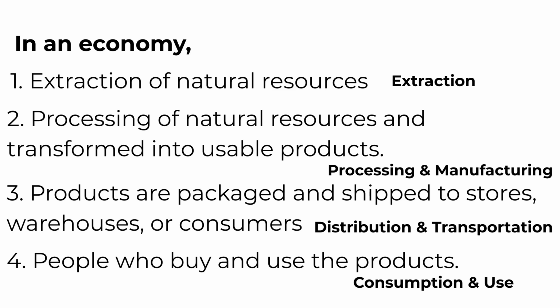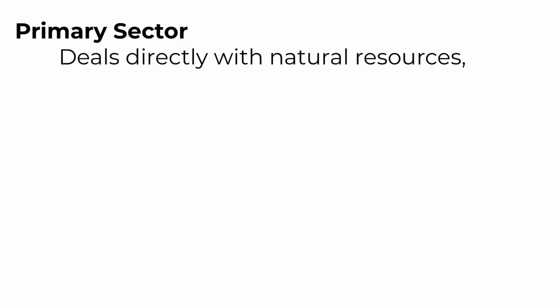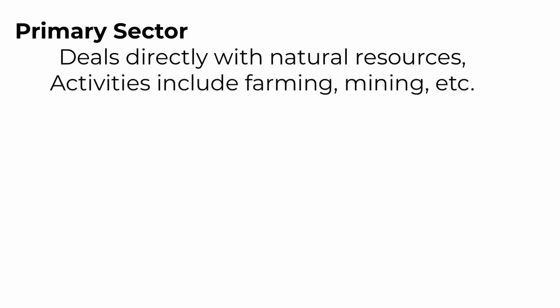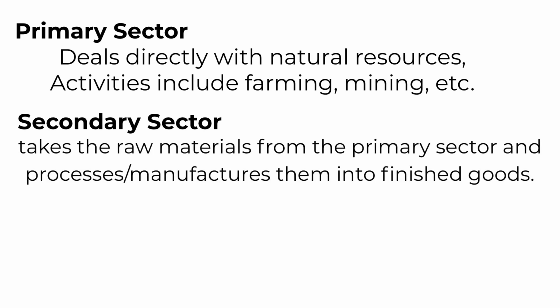But yet again, remember, we have the three sectors of an economy: the primary sector, which deals directly with natural resources. These activities include farming, mining, and so forth. Then it's the secondary sector that takes the raw materials from the primary sector and processes or manufactures them into finished goods.